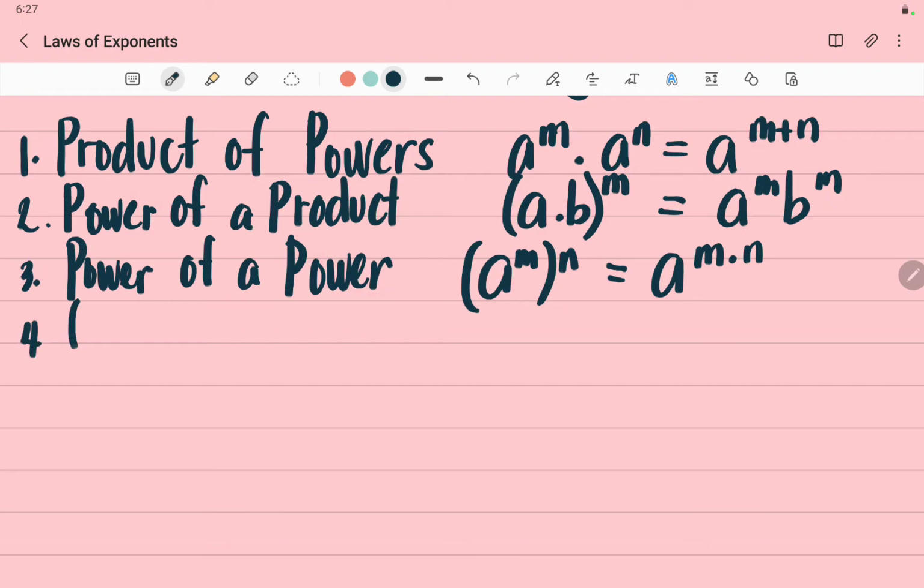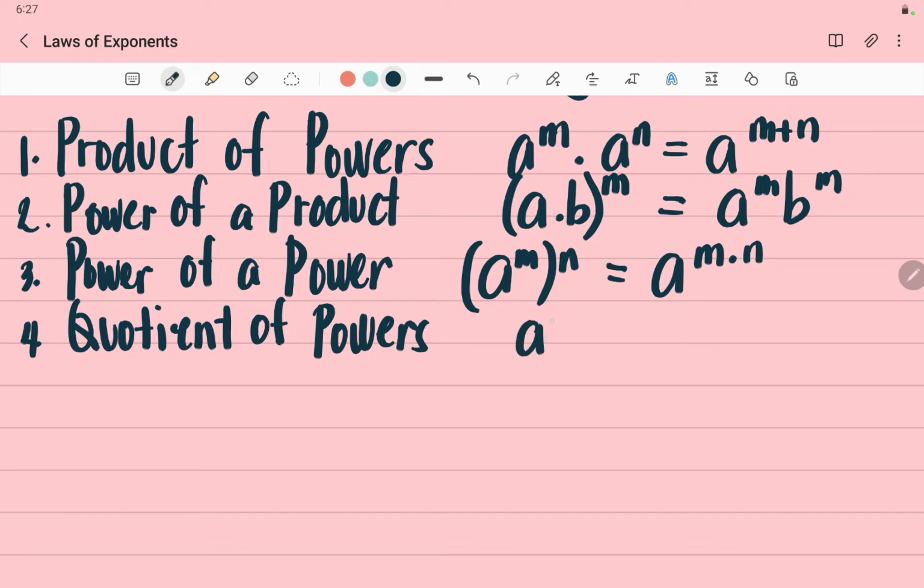Number 4 is quotient of powers. Okay? We are dealing with a raised to m over a raised to n. So we will just copy the base and subtract the exponents, provided that a should not equal 0, or a raised to n should not equal 0. Okay, they have the same bases.